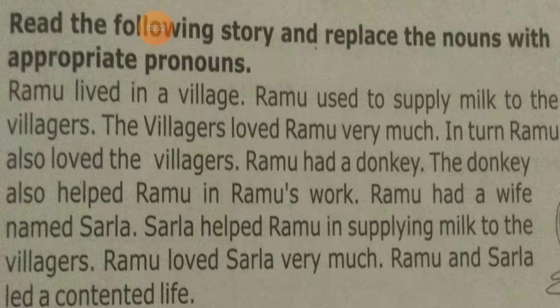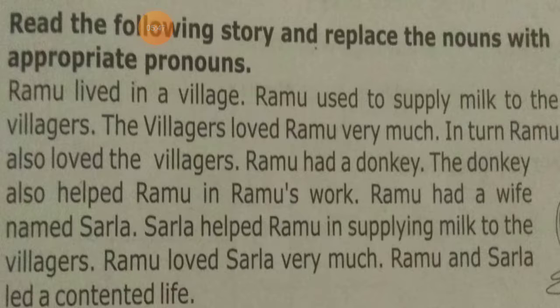Ramu lived in a village. Ramu used to supply milk to the villagers. The villagers loved Ramu very much. In turn, Ramu also loved the villagers. Ramu had a donkey.